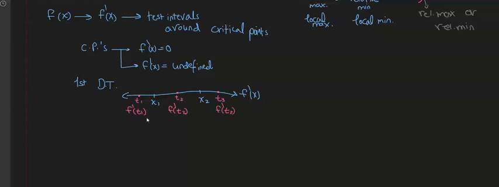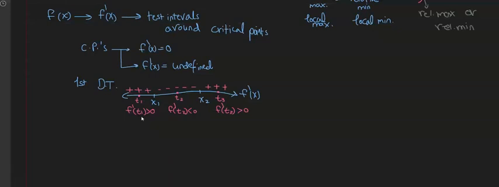So if f dash of t1 is positive, we will indicate positive. If f dash of t2 became negative, we will indicate negative throughout the whole interval. If f dash of t3 is positive, we will indicate that with positive during the whole interval.